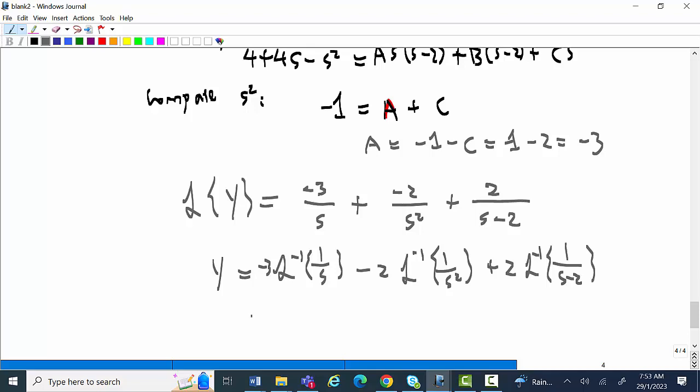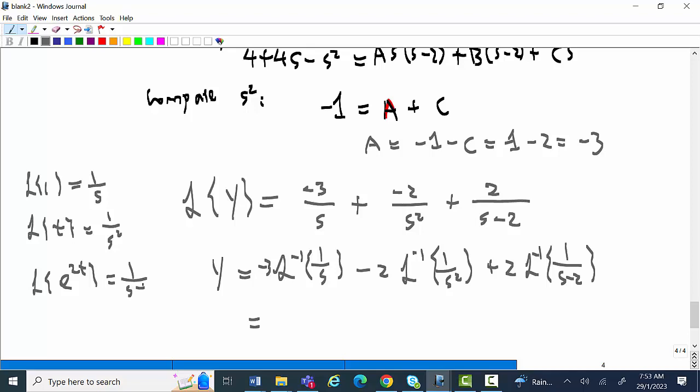Now, all this we can check from the formulas. The Laplace transform of 1 we know is 1 over s. The Laplace transform of t we know is 1 over s squared. And the Laplace transform of e power 2t is 1 over s minus 2.